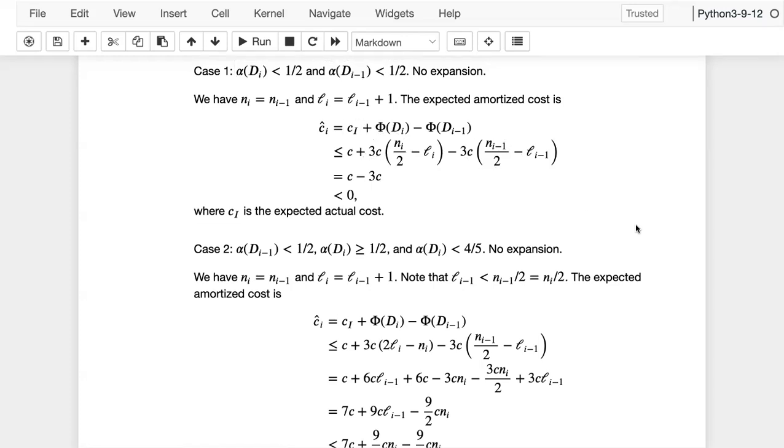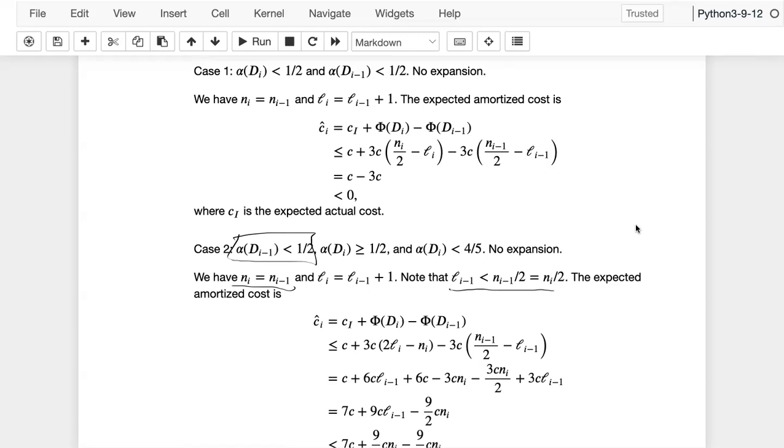Because of no expansion, n sub i is equal to n sub i minus 1, and l sub i is equal to l sub i minus 1 plus 1. Before the insertion, the load factor is below 1/2, so l sub i minus 1 is less than n sub i minus 1 over 2, which is equal to n sub i over 2.